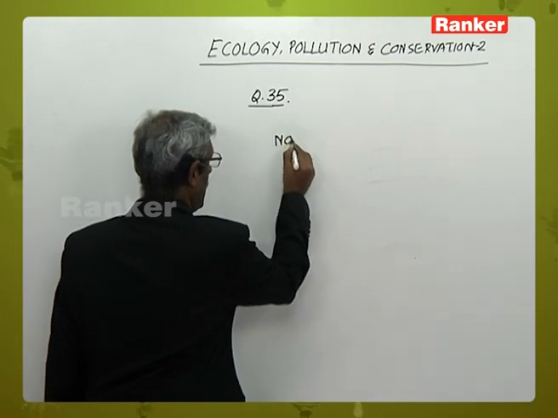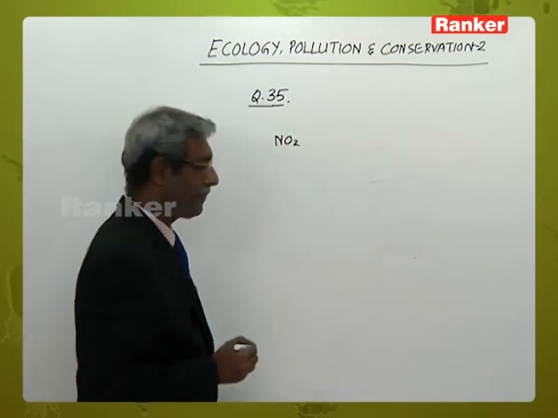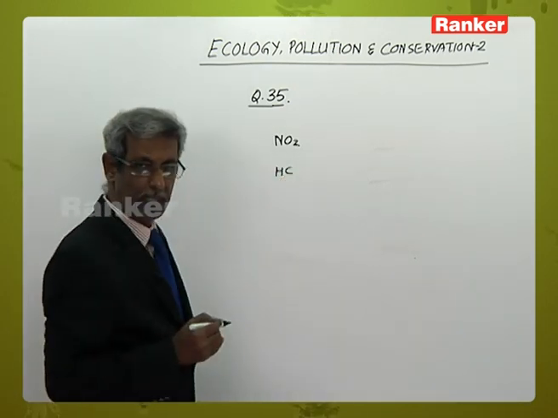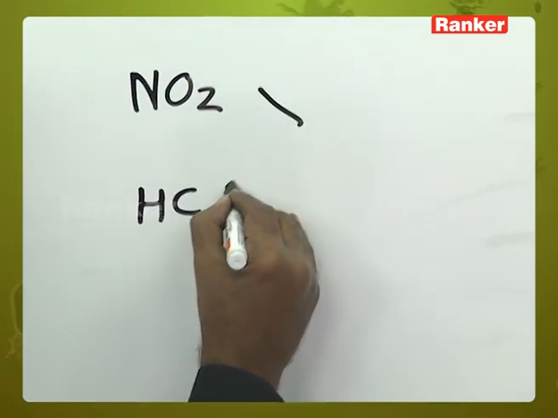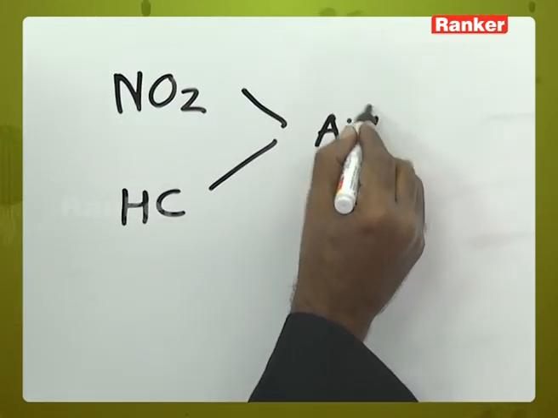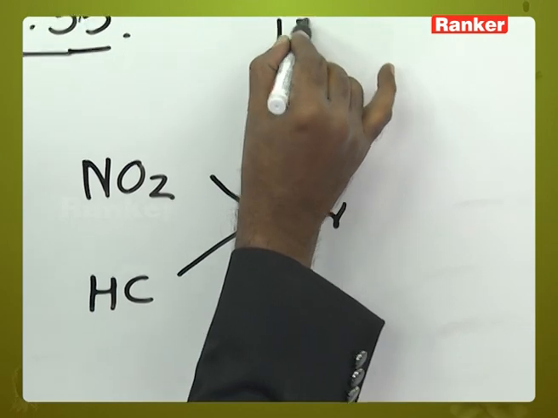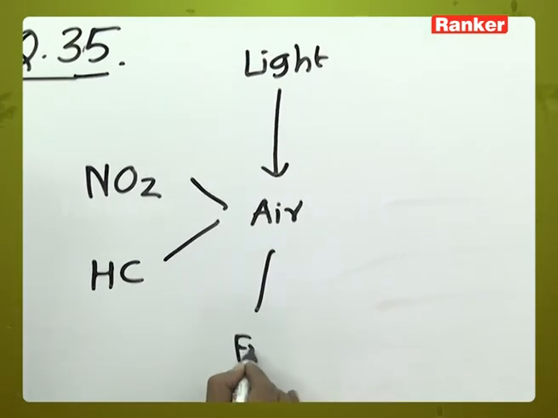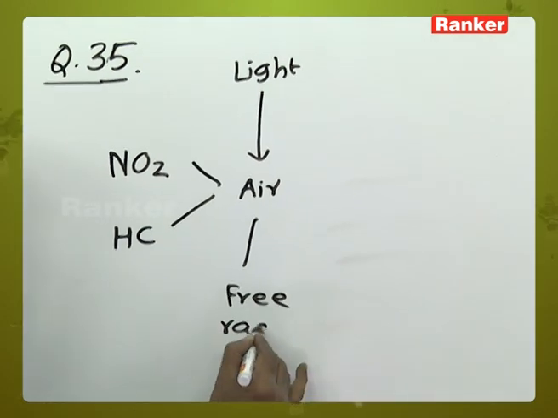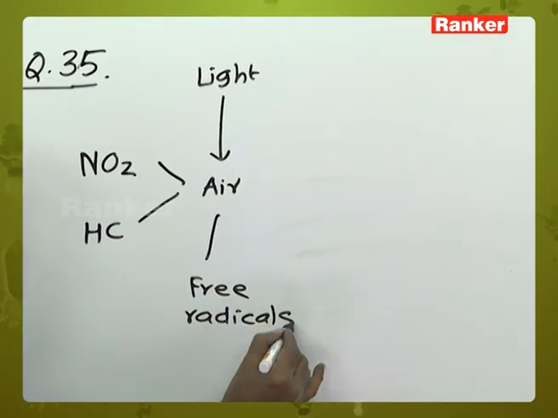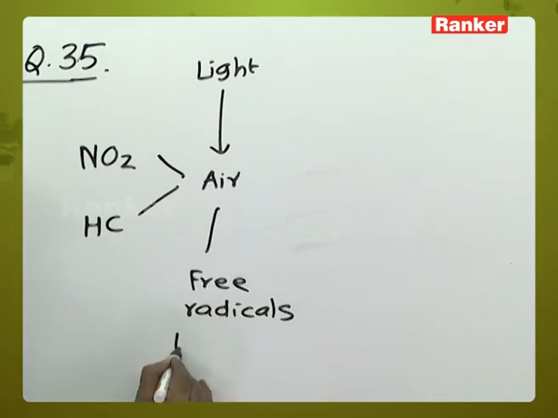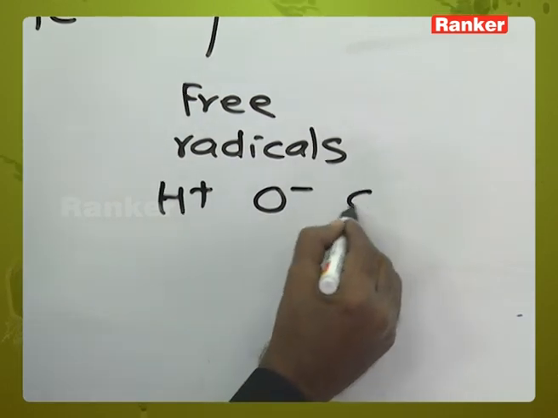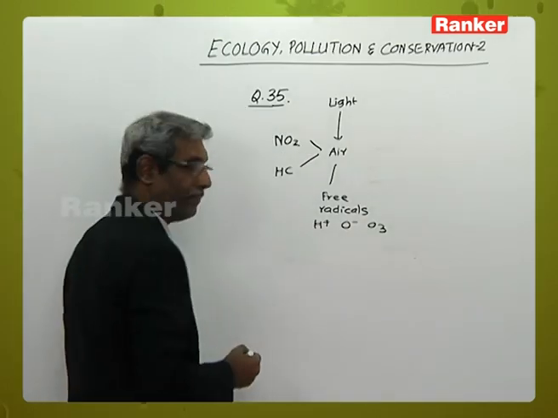Nitrogen dioxide given off from industries as well as hydrocarbons which are given off from petrochemical compounds, in turn interact in the air in the presence of light and release free radicals. The free radicals are H plus ions and O minus, and it also gets converted to O3.